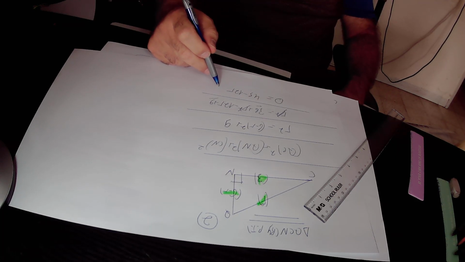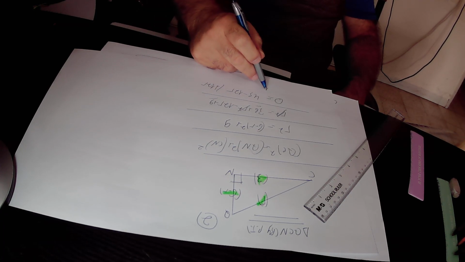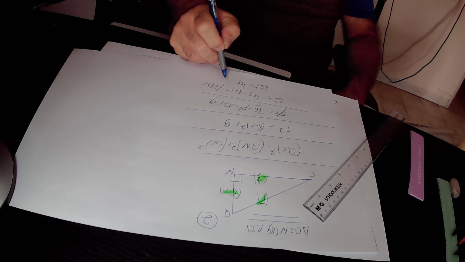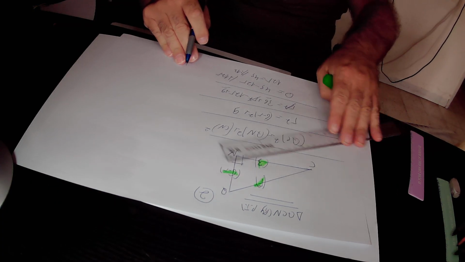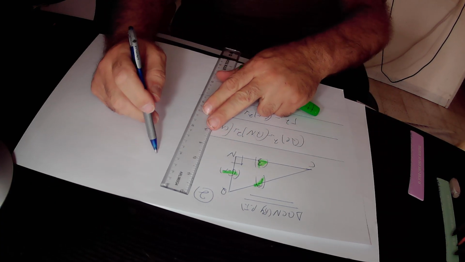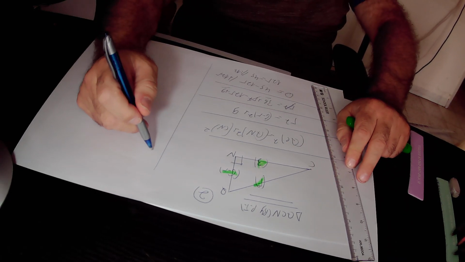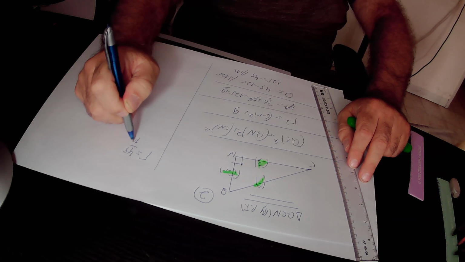Here we add 12R to both sides of the equation. Again, 12R equals 45. Here we divide this equation by 12, and we get that the radius R of the semicircle, whose area we are looking for in this question, equals 45 over 12.